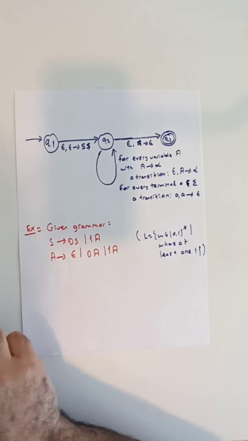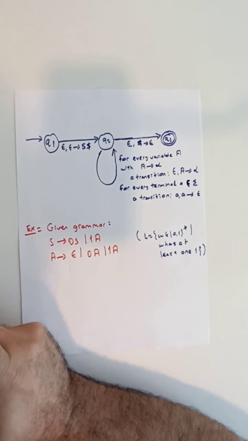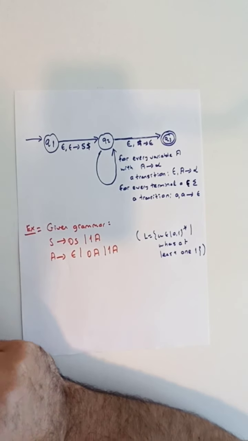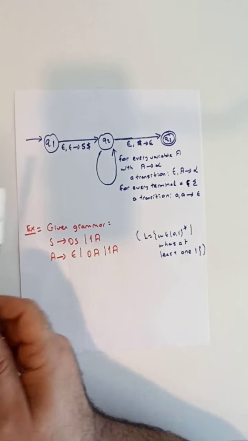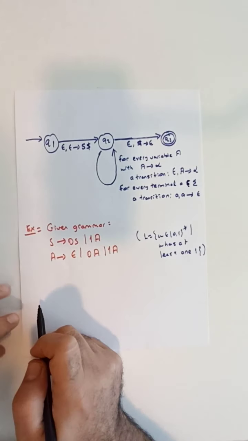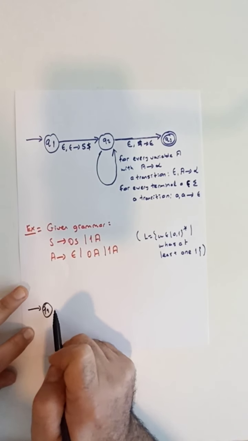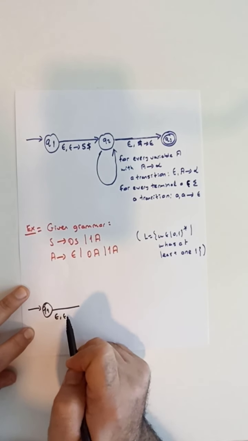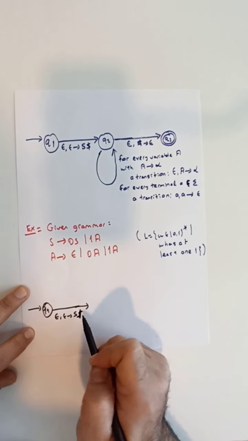But our goal, remember, was to use our conversion algorithm to convert this given CFG into an equivalent PDA. We will use this general format. So we have our starting state Q1, with epsilon, epsilon, and S and dollar, the starting variable followed by our special delimiter dollar.